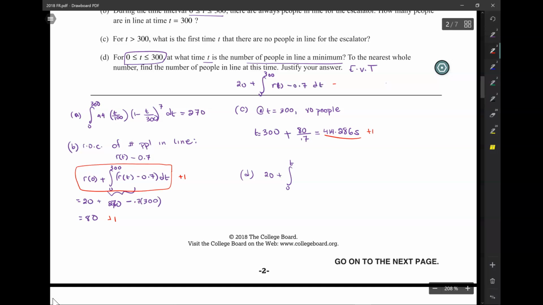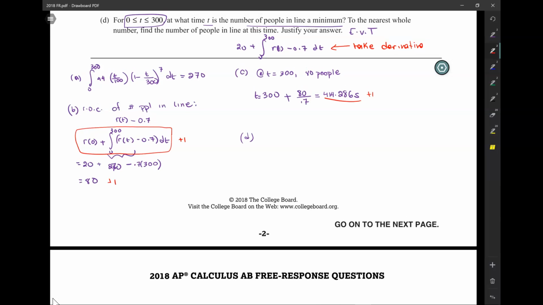So what you want to do is take a derivative of this. The derivative of the 20 is going to go away. So now you have R of t minus 0.7 equal to 0, so R of t is equal to 0.7.